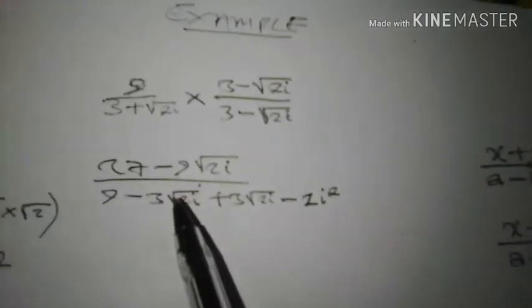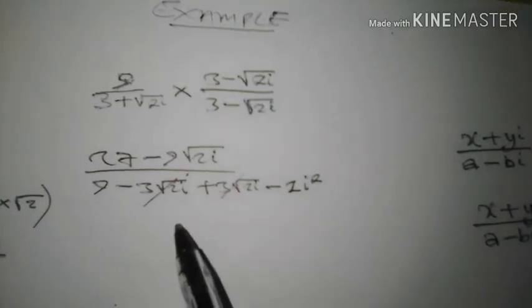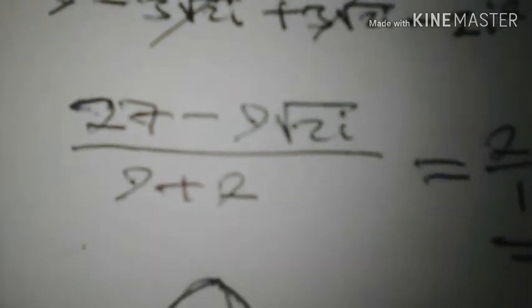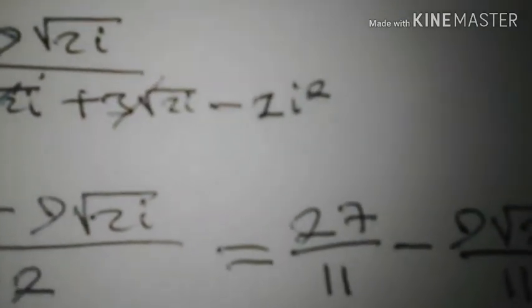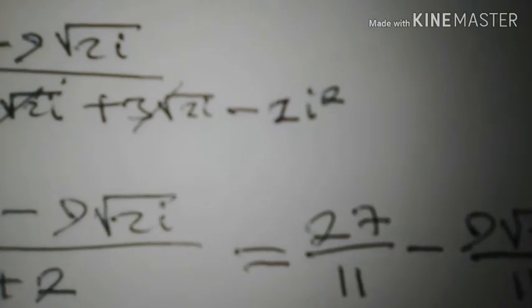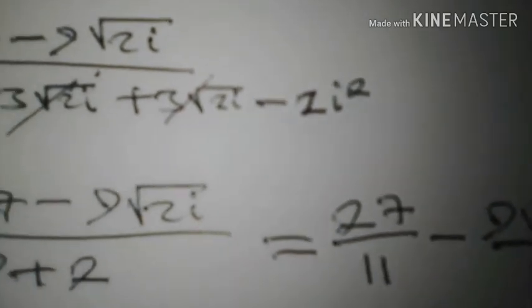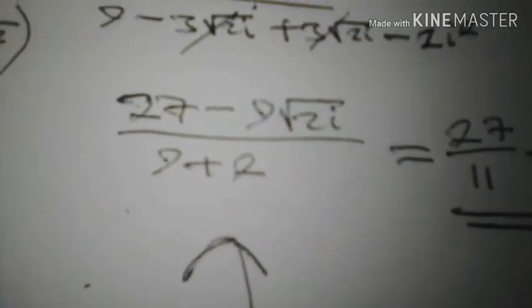Then this and this are going to add up to 0. Then we are just going to remain with 9 plus 2 down here, considering the fact that in minus 2i squared, the i squared is going to give us a minus 1, and when we multiply that, it's going to give us a positive 2.